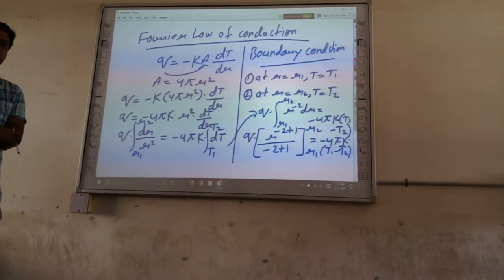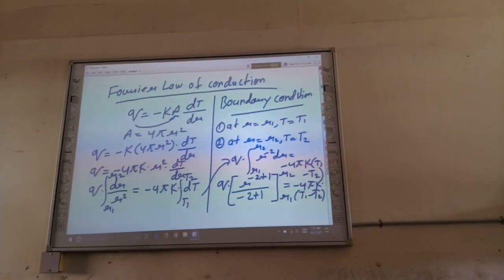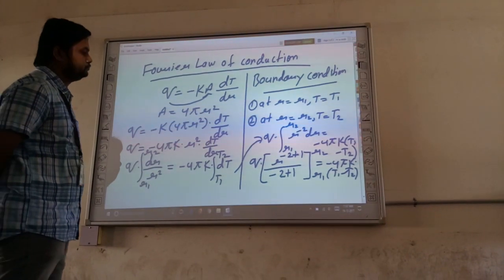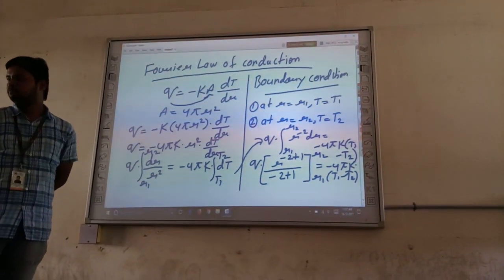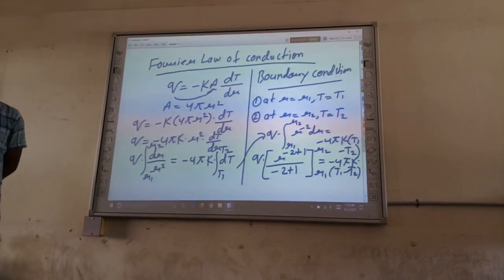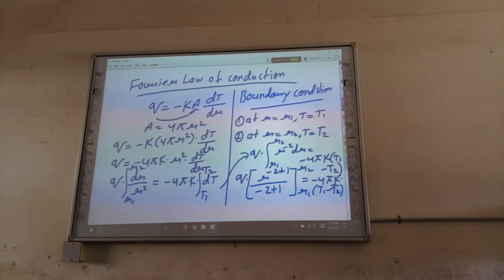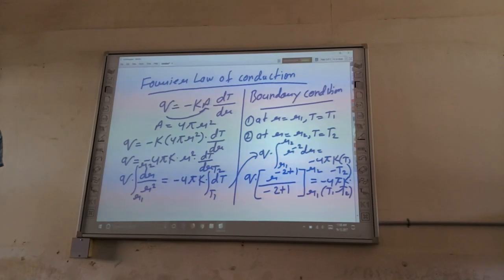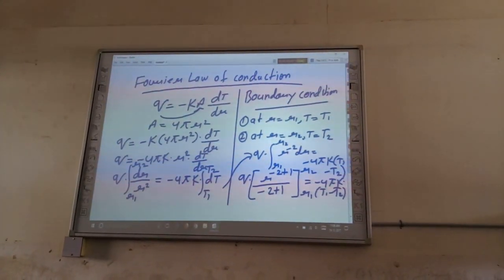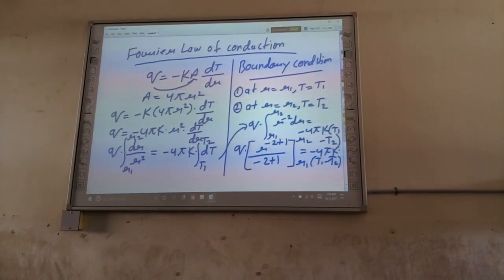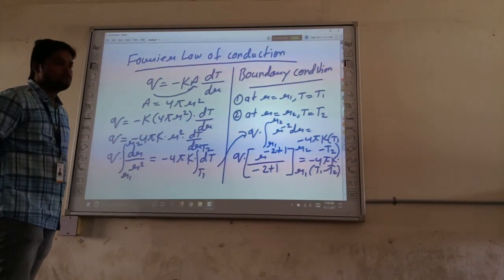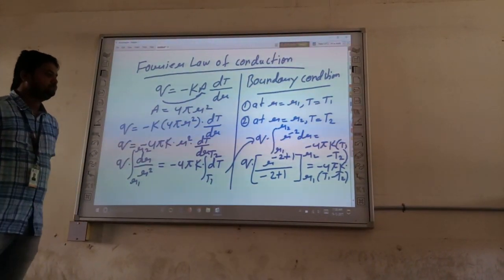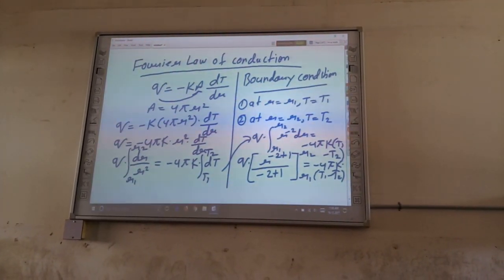It's almost similar as Planck's lab. Still writing? Back side? Okay.